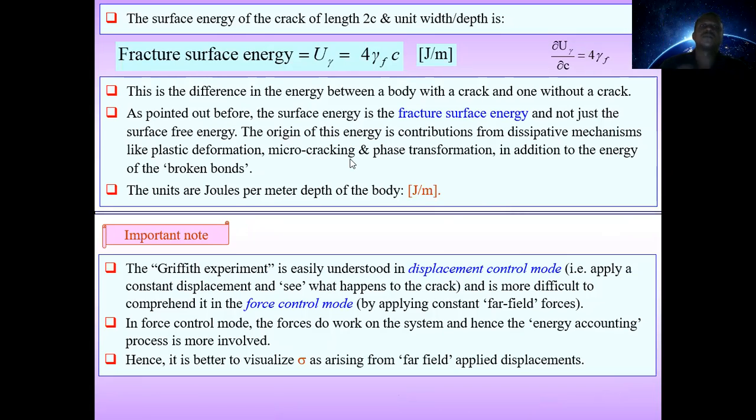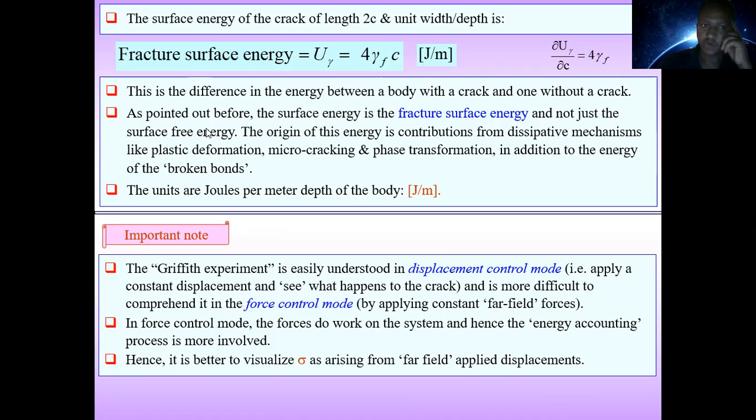The surface energy of the crack of length 2c and unit width, the fracture surface energy U gamma, is equal to 4 gamma f c. And from this, dU gamma over dc is equal to 4 gamma f. This is the difference in the energy between the body with a crack and one without a crack.